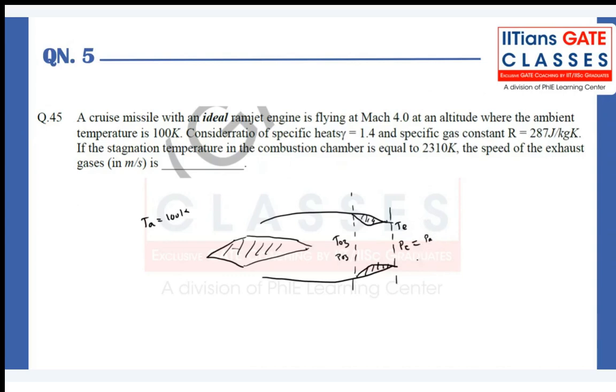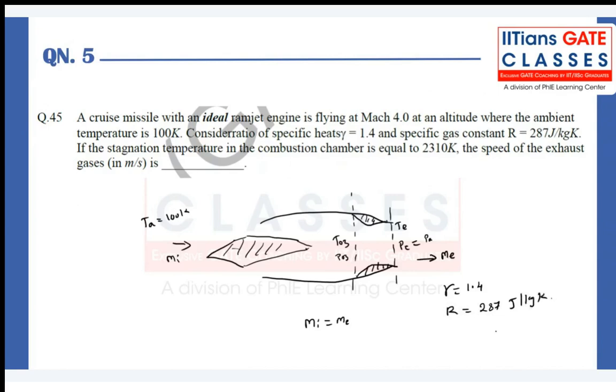And I have exit Mach number ME and incoming Mach number MI. So we know that for an ideal ramjet, that means MI is equal to ME. So incoming Mach number and exit Mach number are the same. Other things specified here are gamma as 1.4 and R equal to 287 joules per kg Kelvin.